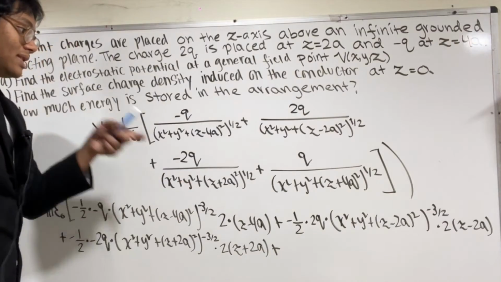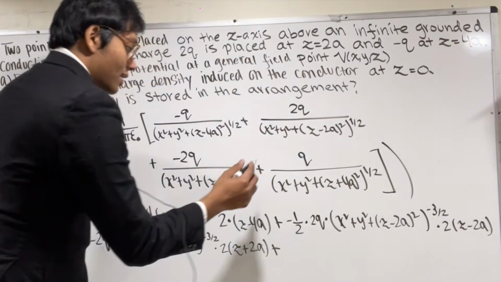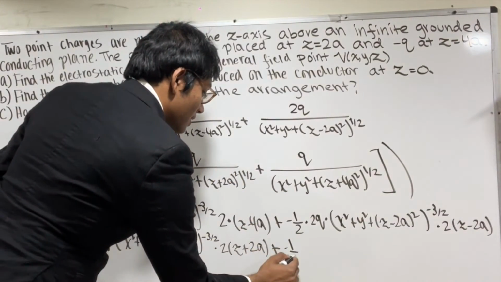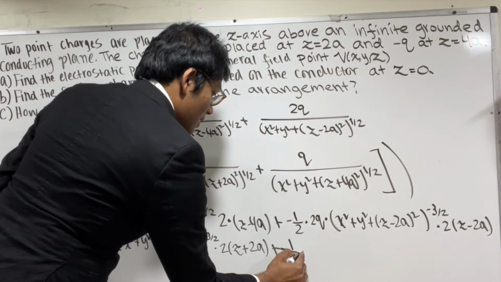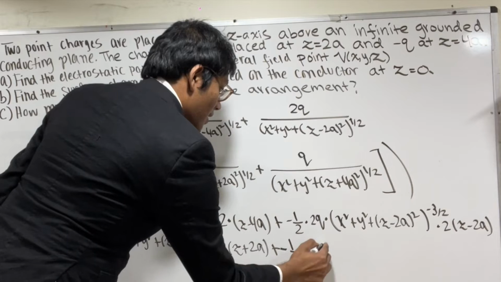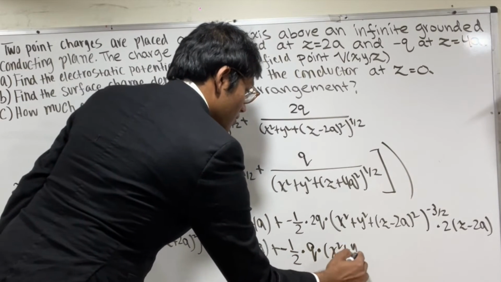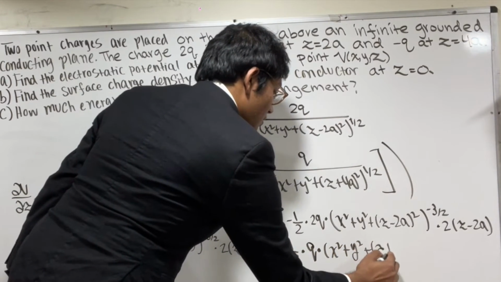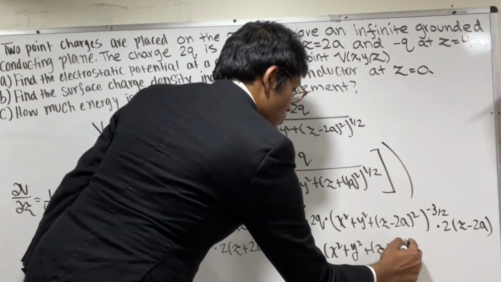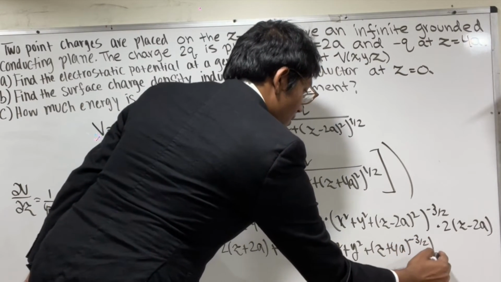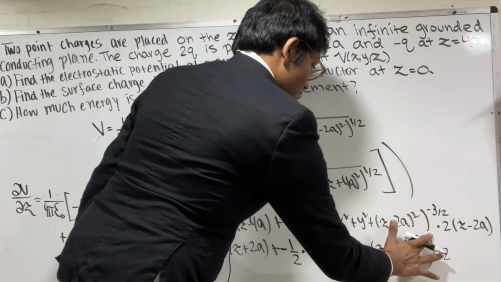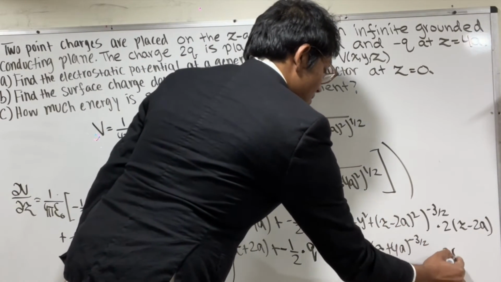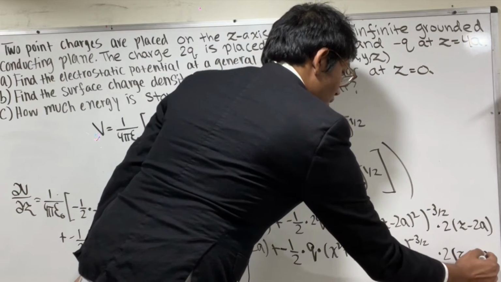Now let's do the last one. We're going to have negative 1/2 once again coming out from the exponent, times q times x squared plus y squared plus z plus 4a, to the negative 3 halves, all times 2 times z plus 4a.